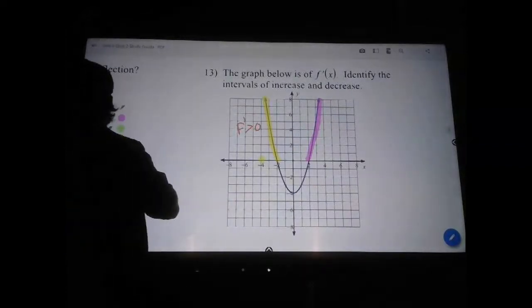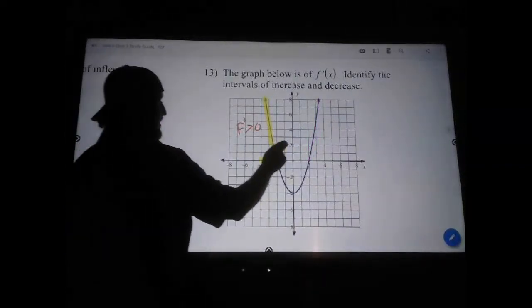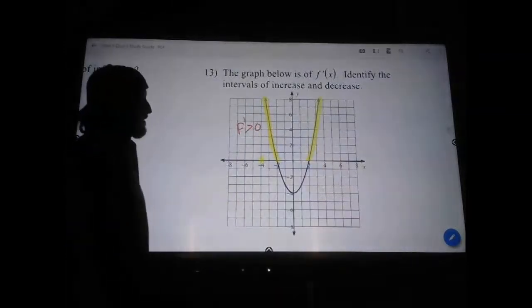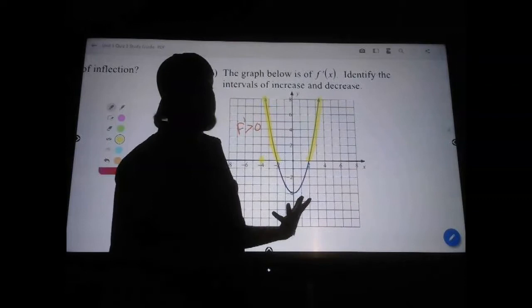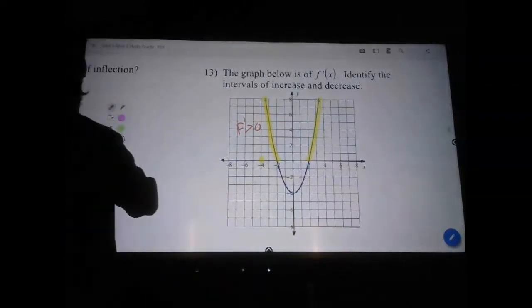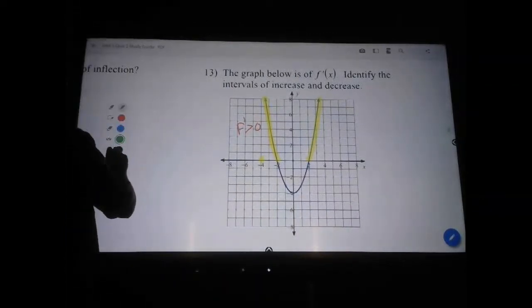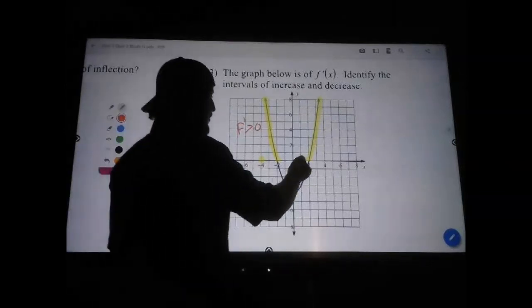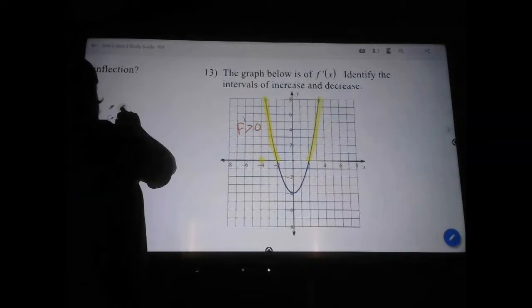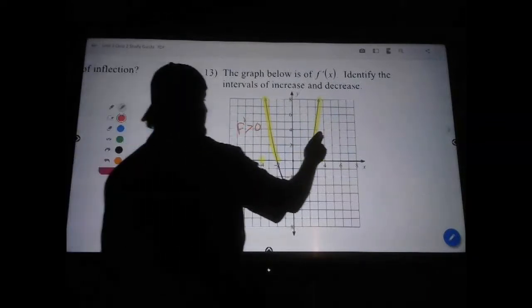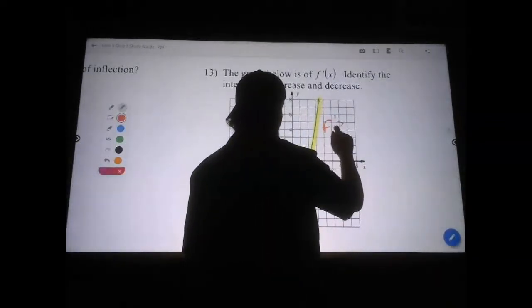Over here, f prime is above the x-axis, which means that f prime is positive there. Over here we would say that f prime is greater than 0.